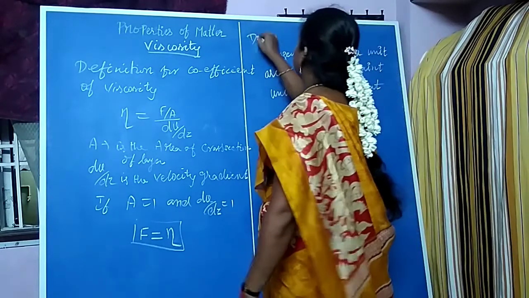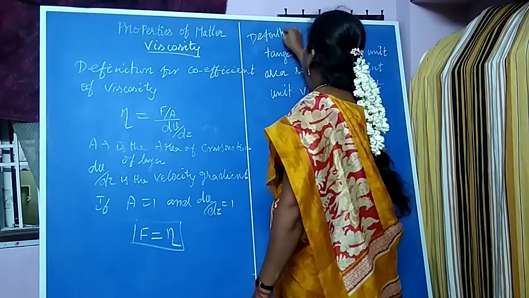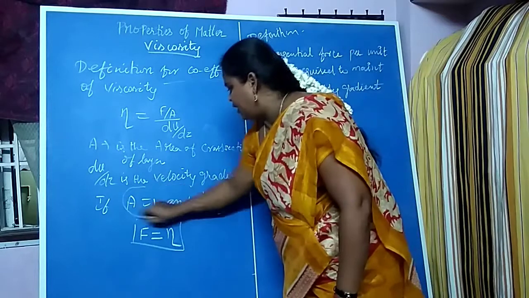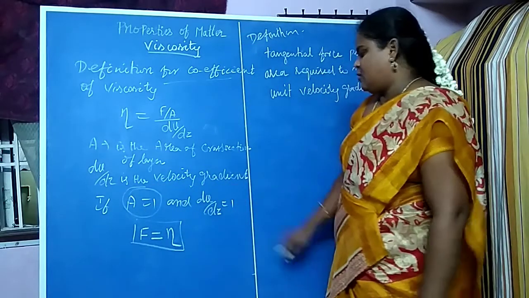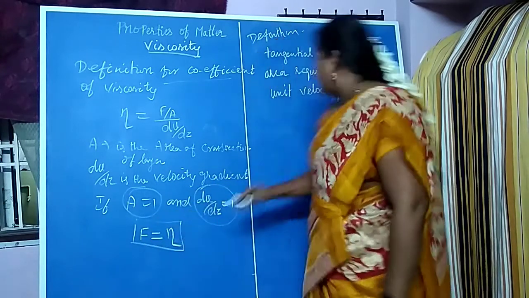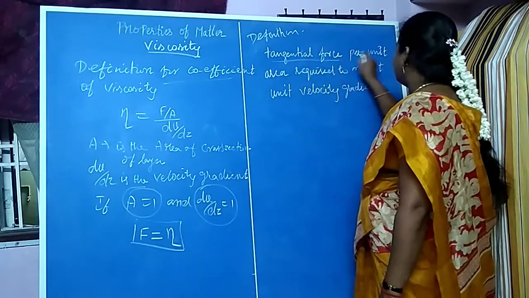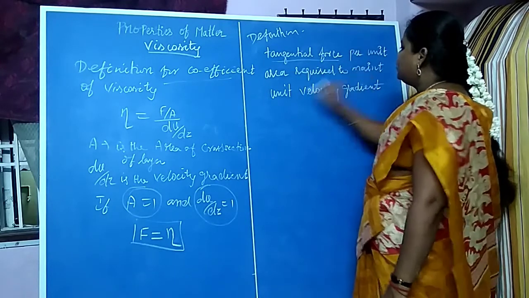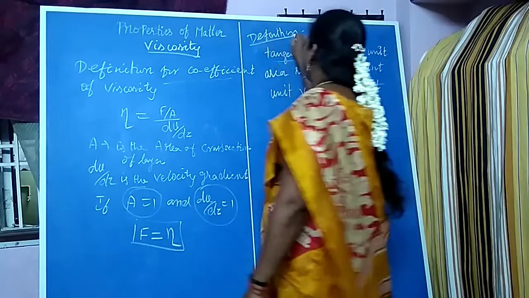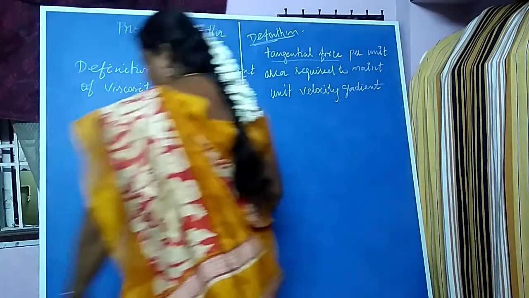This is the definition for coefficient of viscosity, because if we take the area of the layer equal to 1 and velocity gradient equal to 1, we get F equal to eta. That is, tangential force per unit area required to maintain unit velocity gradient. This is the exact definition for coefficient of viscosity.